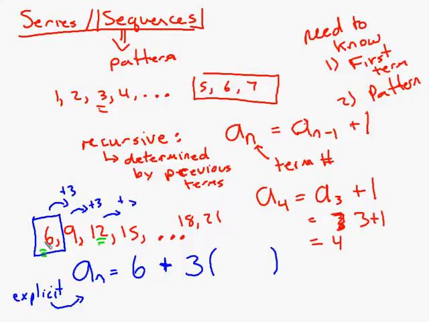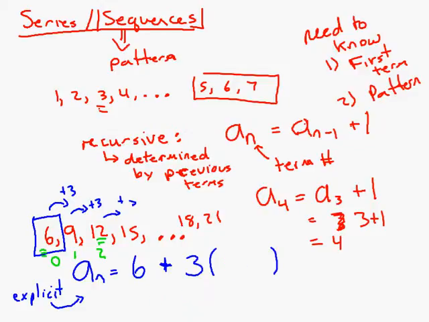No, I haven't added a 3 yet. So I've added 3 0 times. Right here, if I go to 9, how many times have I added 3? 1. And if I go to here, how many times have I added 3? 2. So do you see, if I want the third term, how many times have I added 3? Twice. So I'd multiply by 2. So 6 plus 6 is 12, right?